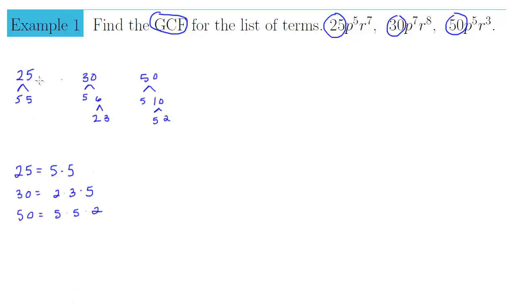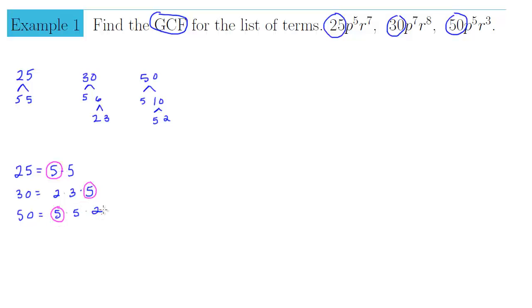So here's the result of factoring down my coefficients. 25 is 5 times 5, that's it. 30 is 5 times 6, but then the 6 breaks down to 2 times 3, so 30 is 2 times 3 times 5. And 50 is 5 times 5 times 2. If we're looking for the GCF between these three coefficients, we find the largest factor that overlaps all three of them, and the only thing that all three have in common is a single 5.